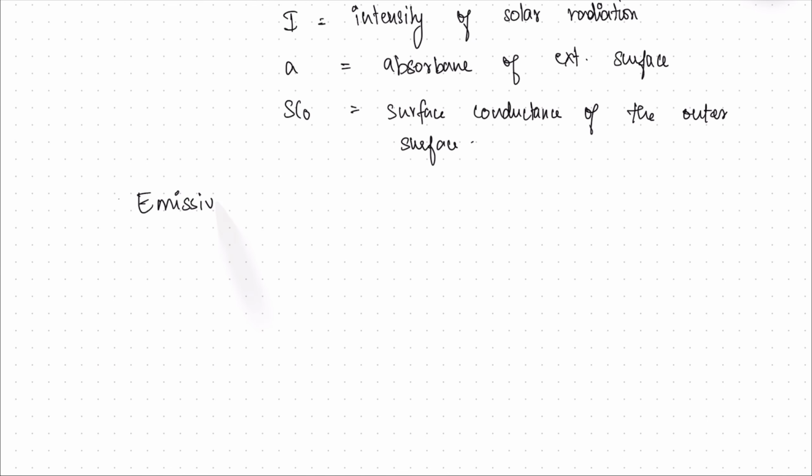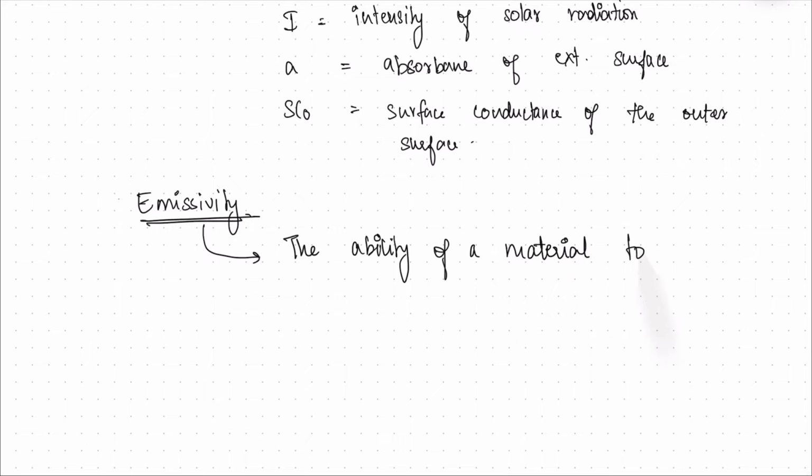So emissivity is basically the ability of a material to radiate energy. The ability of a material to radiate energy is known as emissivity.